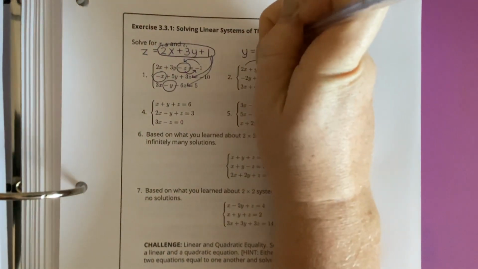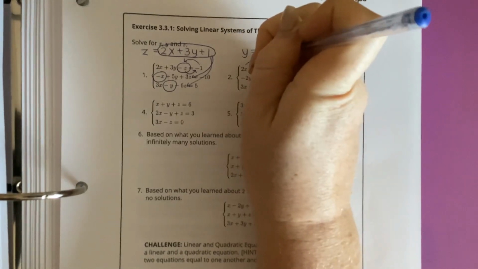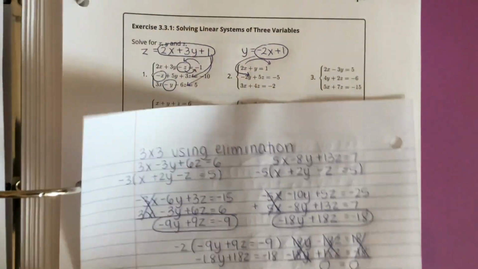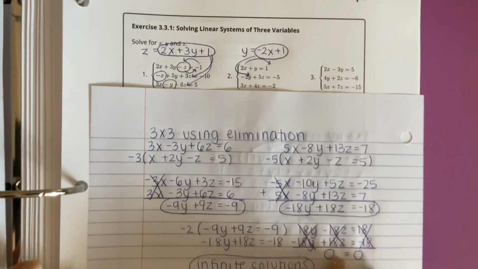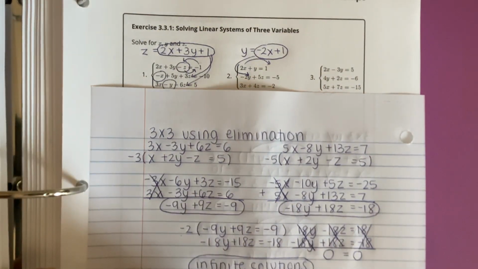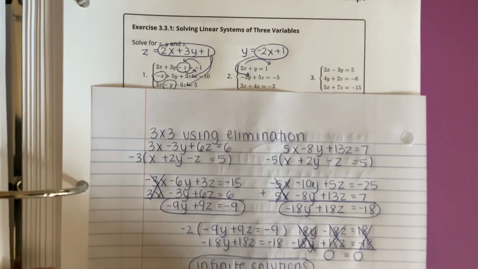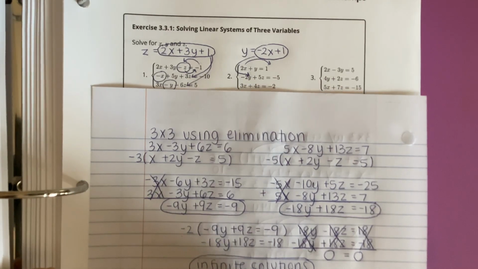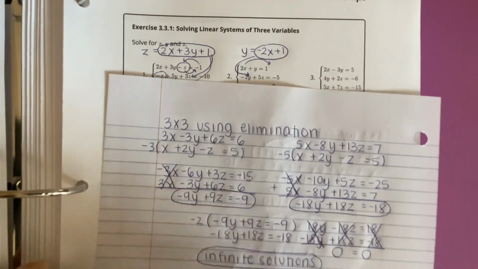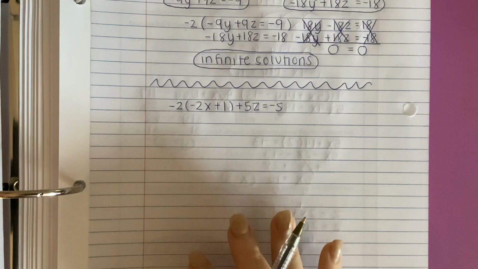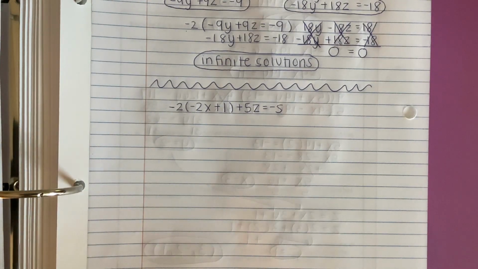So if I take this and I plug it in right here, I would have negative 2 times negative 2x plus 1 plus 5z equals negative 5. So if I substitute it into that second equation, I would have this automatically right off the bat.